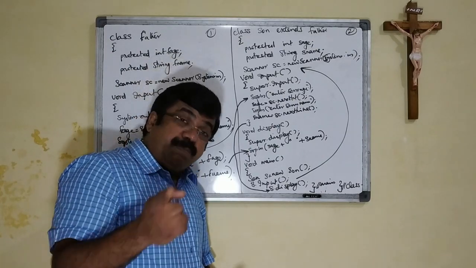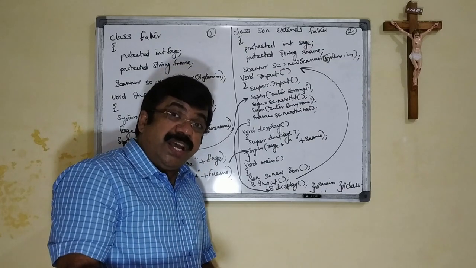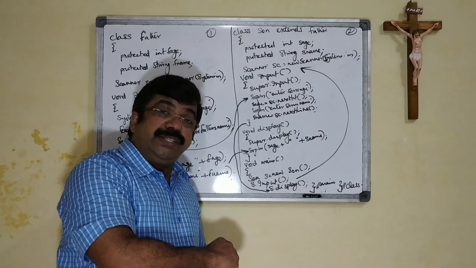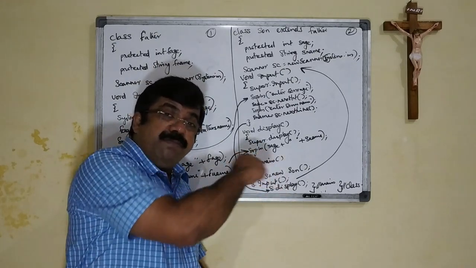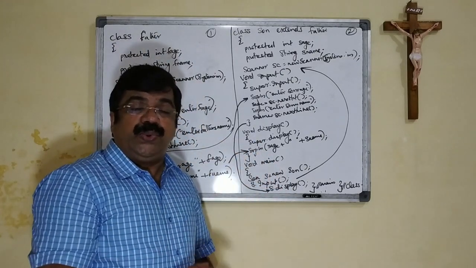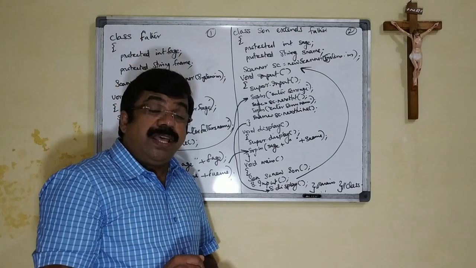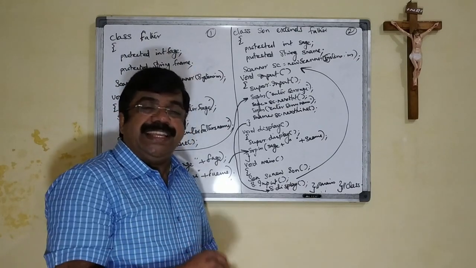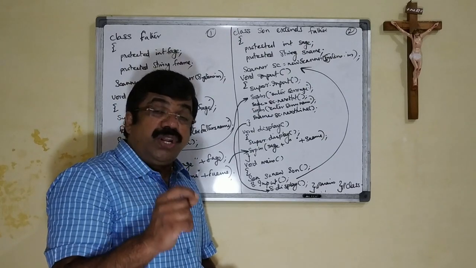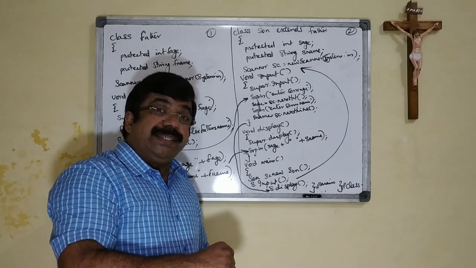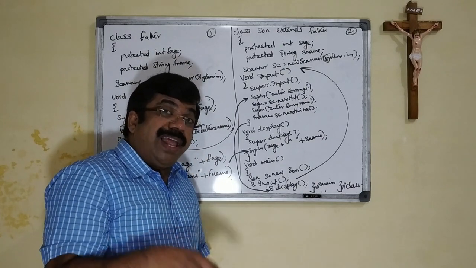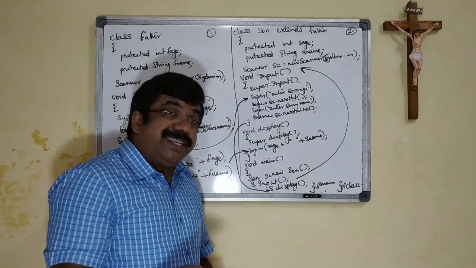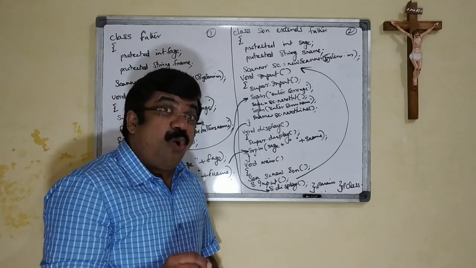The functions which are defined in the base class can be used with the same name in the derived class also. That is known as method overriding. A function which is used in the base class is reused in the derived class with the same name, same nature, and so on. It is known as method overriding.